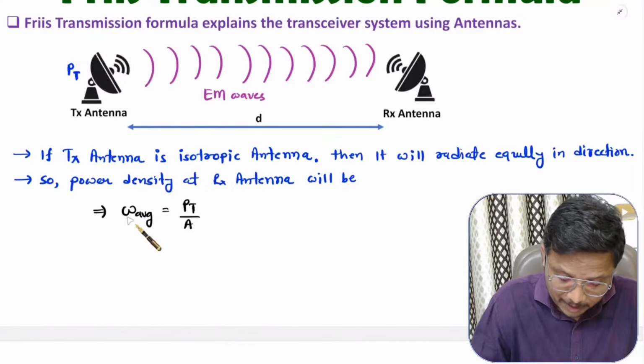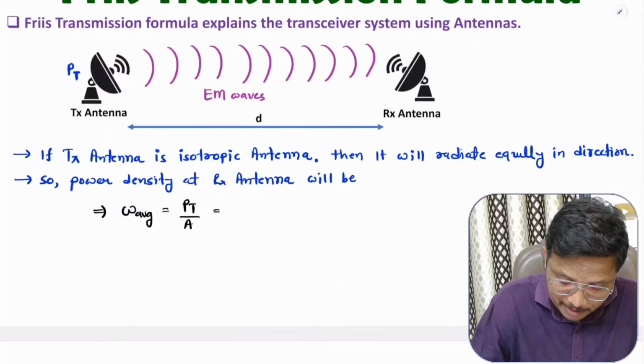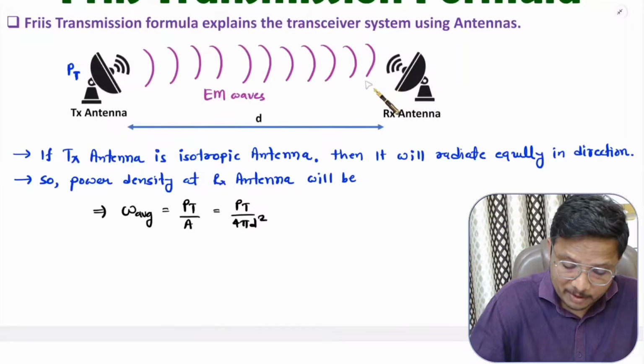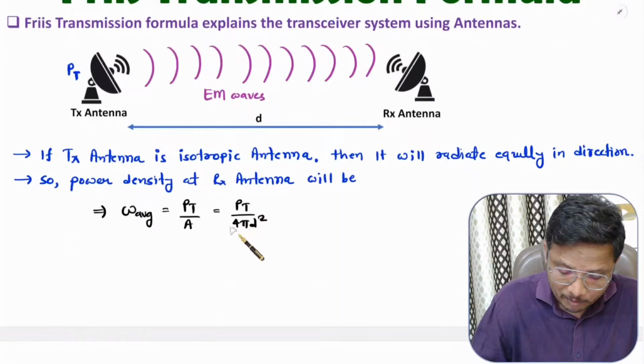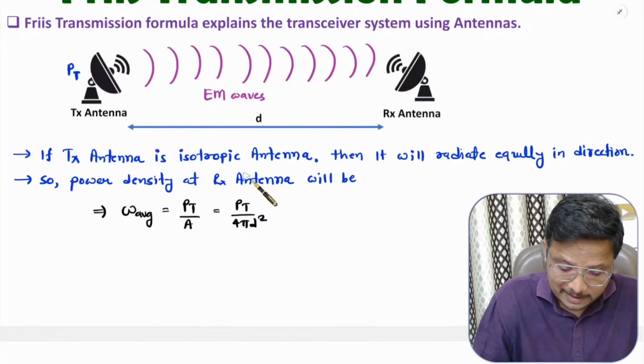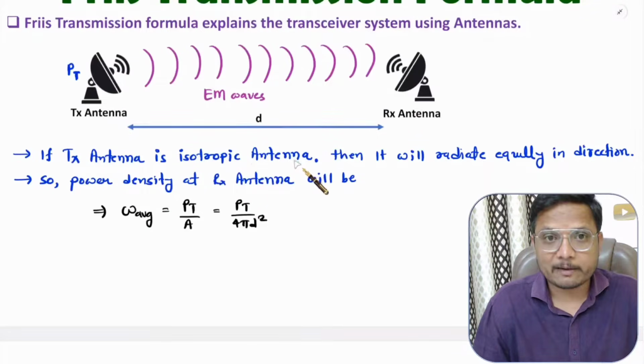So the average power density will be PT divided by 4 pi d square, as if the transmitting antenna is isotropic.